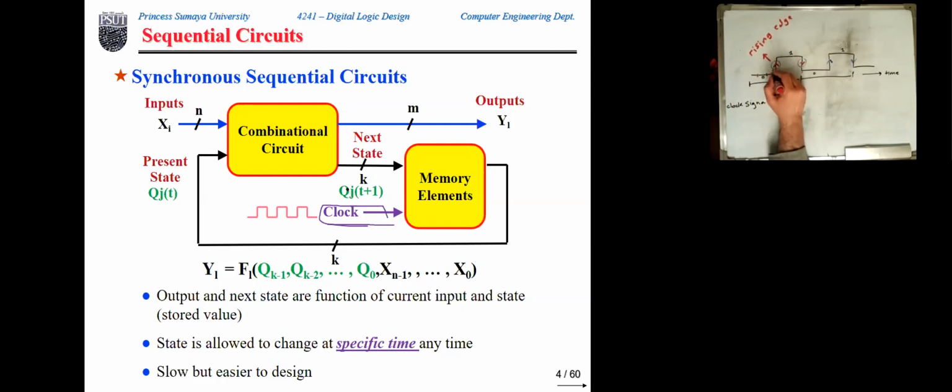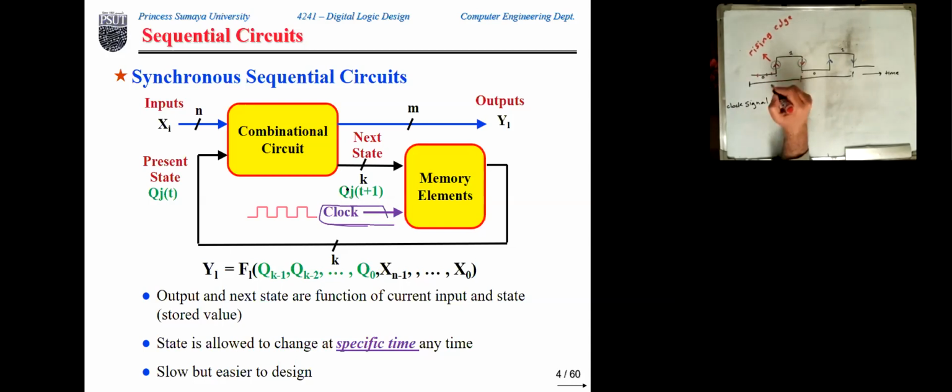So whenever there is a rising edge, the sequential circuit will look at the input and the present state at this instant of time, do some calculation, and reflect that on the output and the next state.